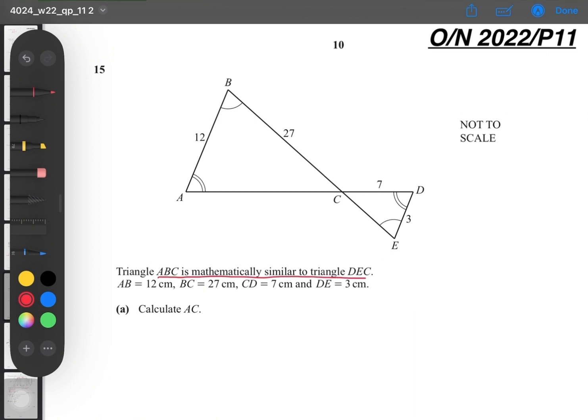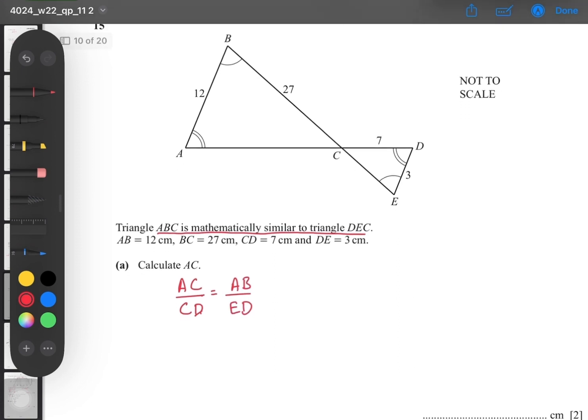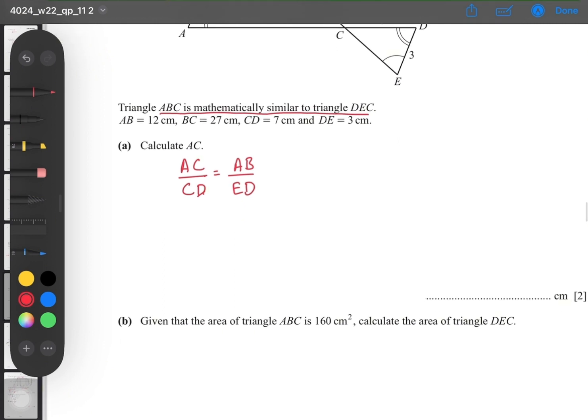So triangle ABC is mathematically similar to triangle DEC. So it means the ratios of the corresponding sides of the triangles are the same. So AC over CD is equal to AB over ED. You just plug in the values: CD is 7, AB is 12, and ED is 3.